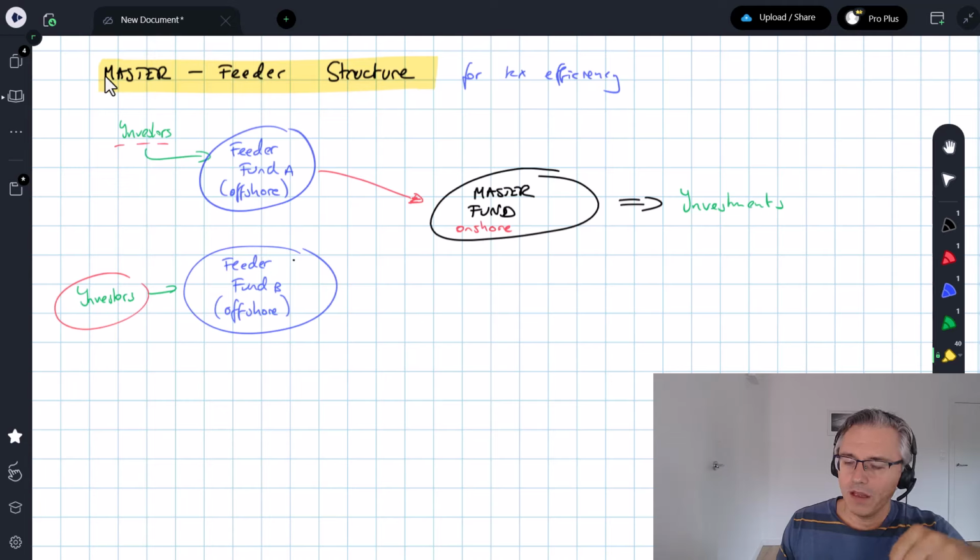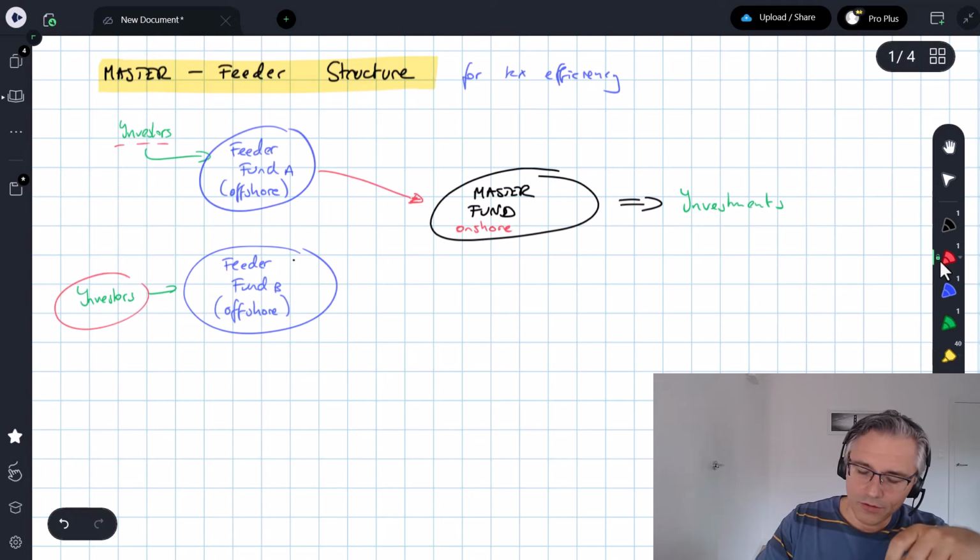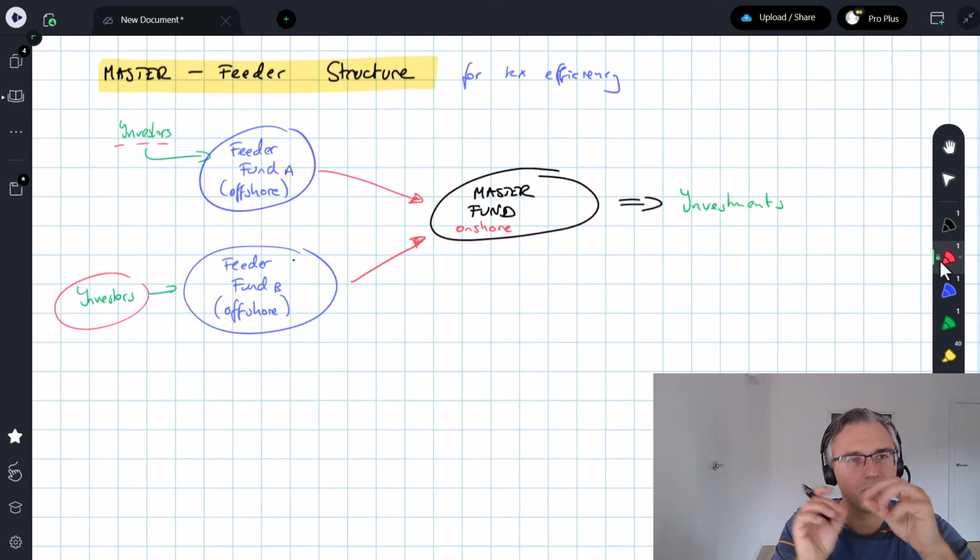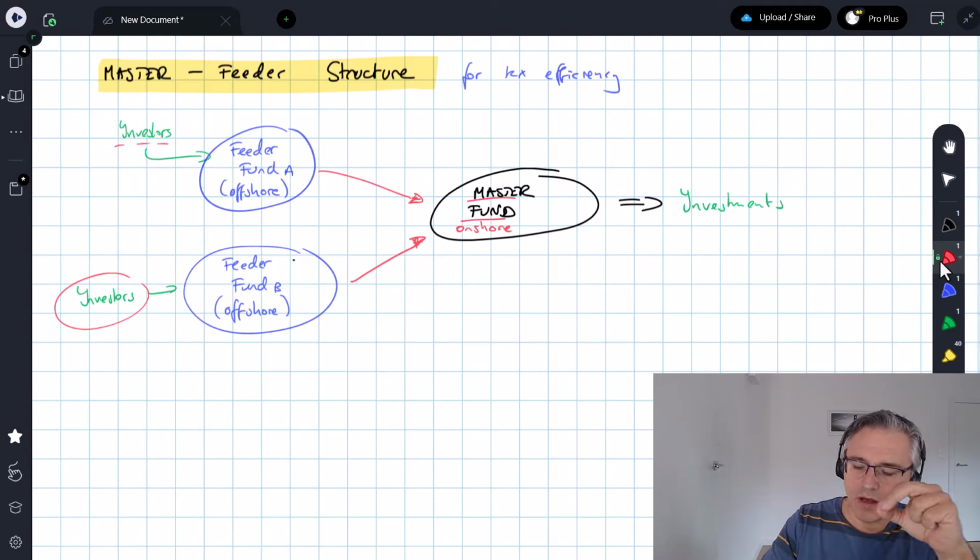So sometimes it's quite difficult to cater to all the needs of the different investors and all those specific details in one fund structure.